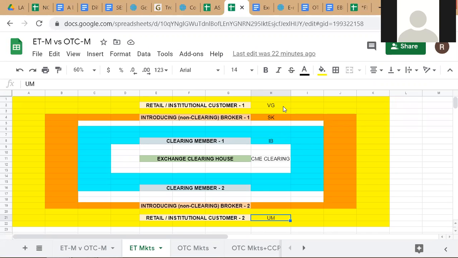Okay, so if Vipul loses $2,000 on the first day, they will force him to pay $2,000 the next day into their account, if it has hit the variation margin account, if it has hit the maintenance margin account.